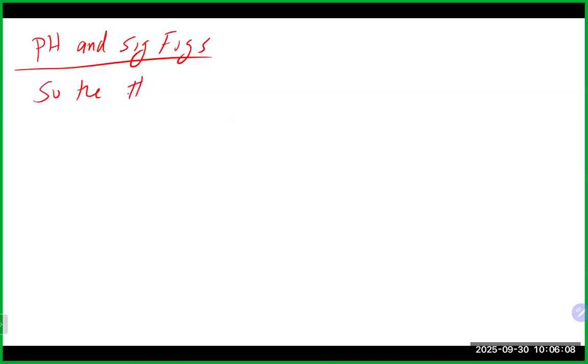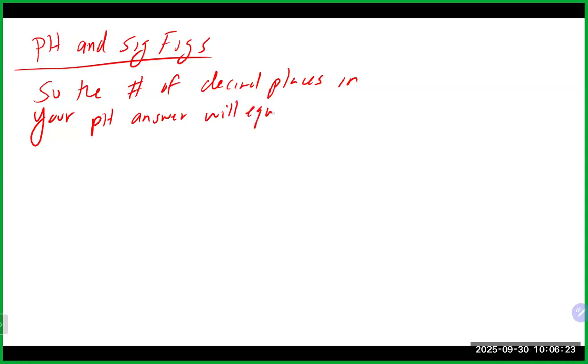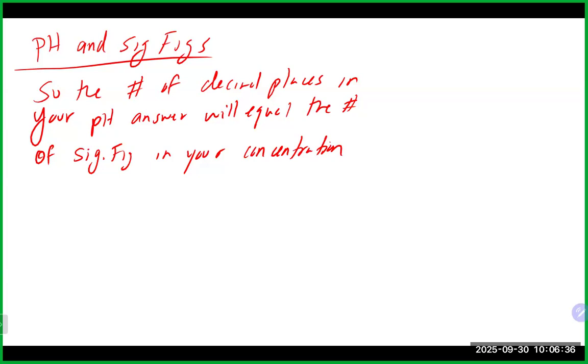So the number of decimal places in your pH type of answer will equal the number of significant figures in your concentration. So the number of significant figures there are in your concentration that you're going to calculate the pH or whatever it may be, will be how many decimal places you should take it to.